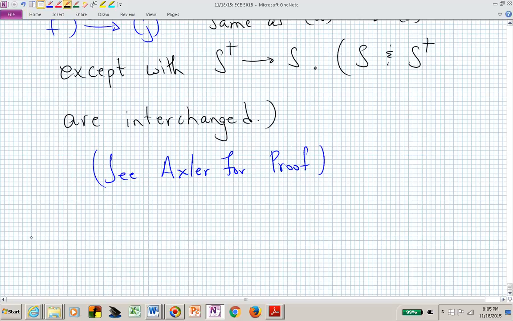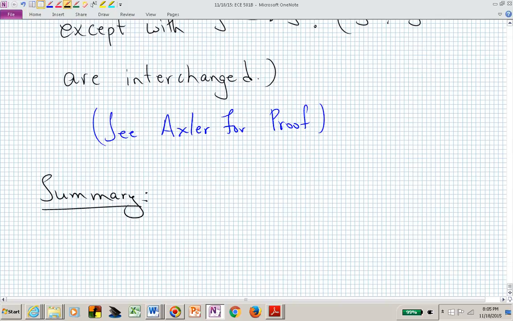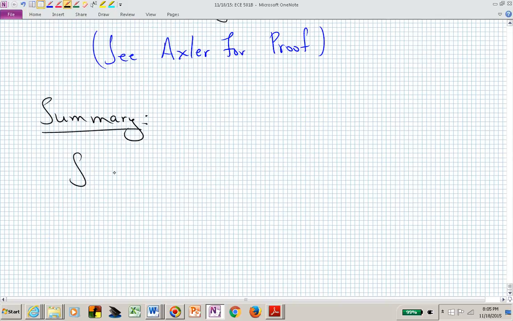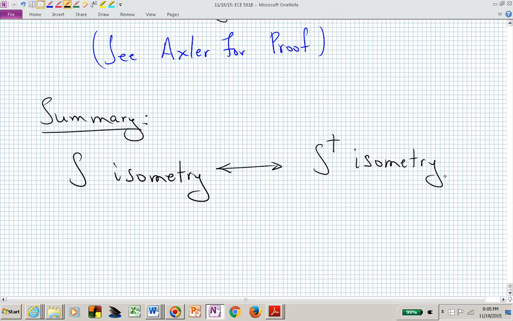And to summarize that theorem, we can make some remarks. If S is an isometry, its adjoint is an isometry. So S is an isometry if and only if its adjoint is an isometry. S adjoint is equivalent to the inverse of this isometry, and that we could see from statement C above.